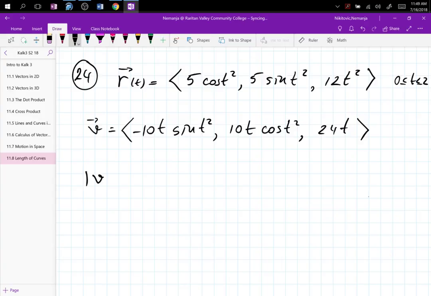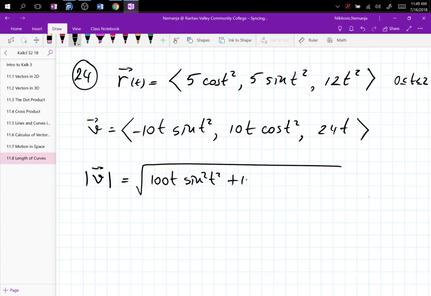Now we need to find the magnitude of this, so we square all of these. I have the square root of 100t squared sine squared t squared plus 100t squared cosine squared t squared, plus 24 squared. What was 24 squared? That is 576. We're going to keep 576.